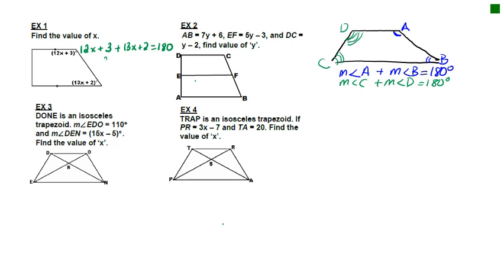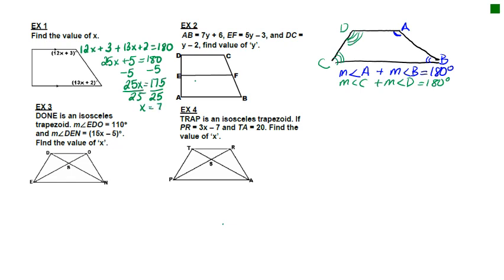So I'm going to solve this by combining like terms. 12 and 13 is 25. 3 and 2 is 5. And then I'm just going to subtract 5 and then divide by 25. So subtract 5, 25x equals 175, and then divide by 25. In this case, x has to be 7.